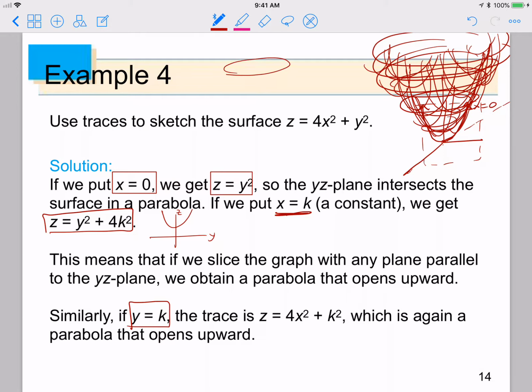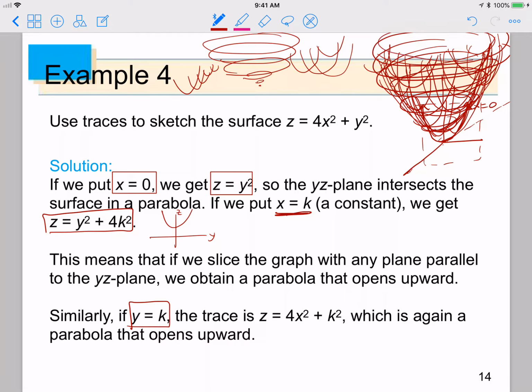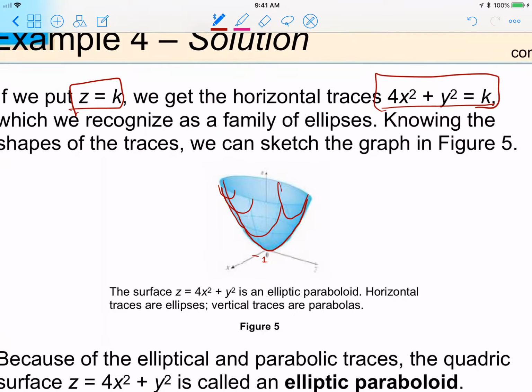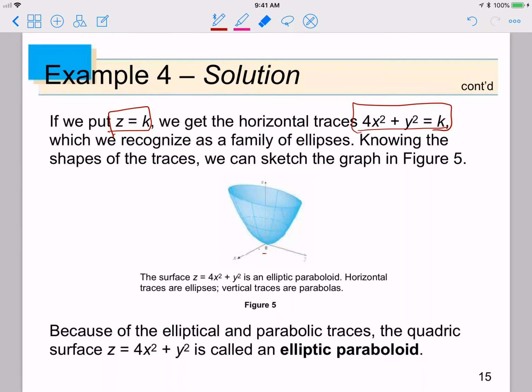Imagine you've got a set of ellipses, but you also have parabolas that are going this way, and you also have parabolas in the y direction. Putting them all together gives you this shape, which is better manifested here. An elliptic paraboloid.